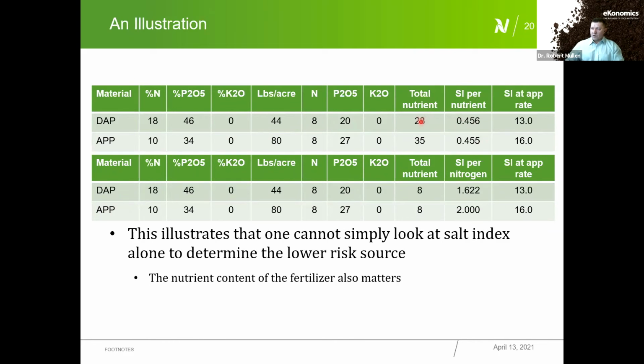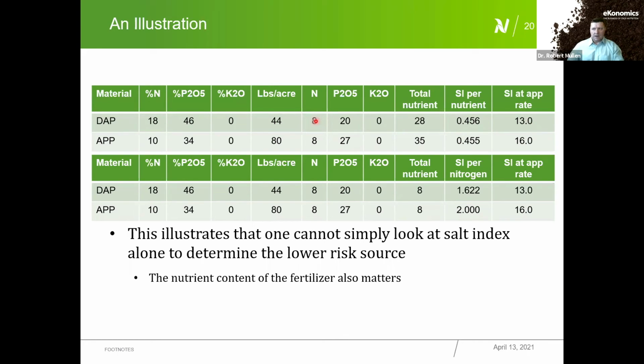I multiply 28, which came from the sum of these two, by the partial salt index, and I get the salt index for this material at the rate of application. Again, remember, this number was derived from an equal application rate of these two materials. If I want to adjust it based on my desired application rate for them individually, I have to do some new math. So this one has a lower salt index at the rate of application.